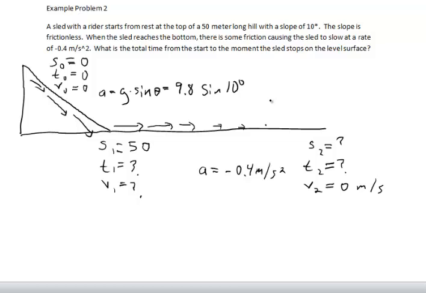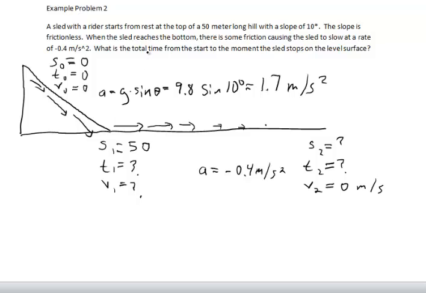Let's see what that is. Alright, so I get an acceleration of 1.7 meters per second squared.